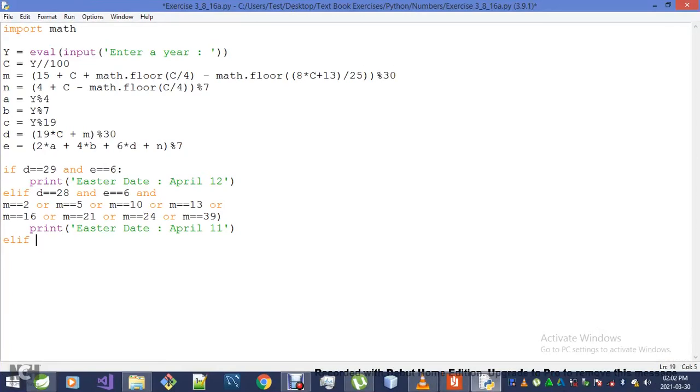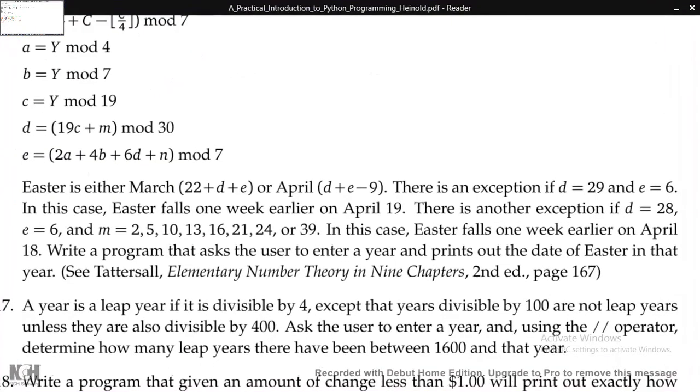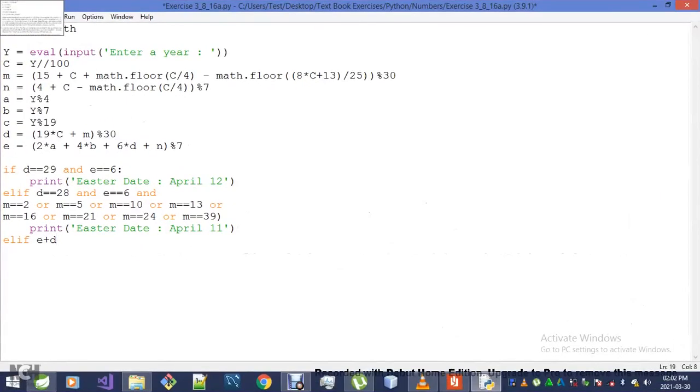So here's what I'll do. I'll check if E plus D plus 22. Okay, if this is the case, then I will simply print the Easter date.